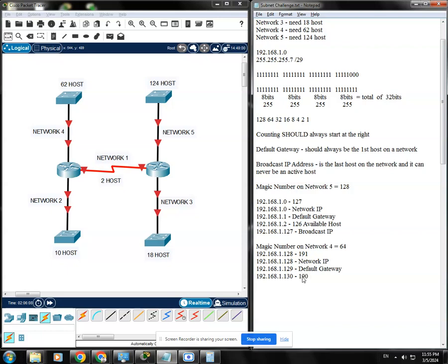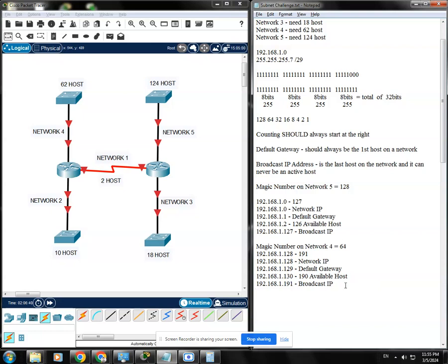So these are the available hosts that we can use on this network. And next we're just going to write down the broadcast IP address, which is 191. So this will be the broadcast IP. All right, it's good to go.